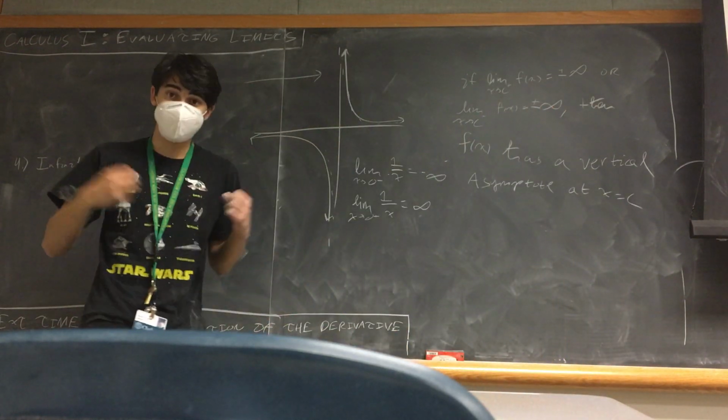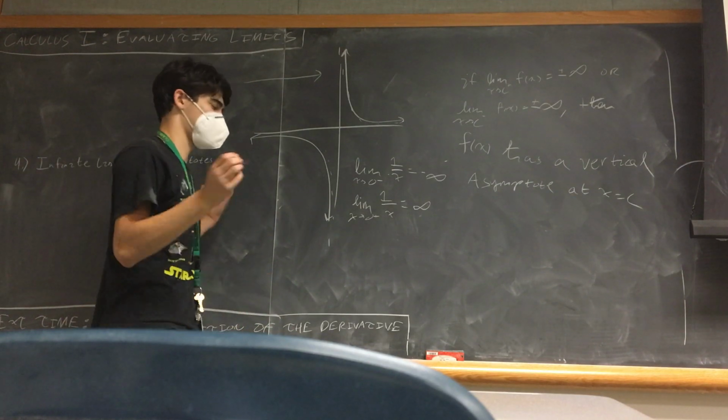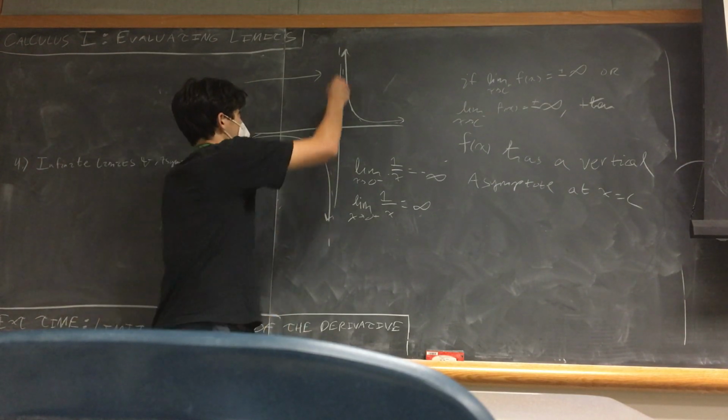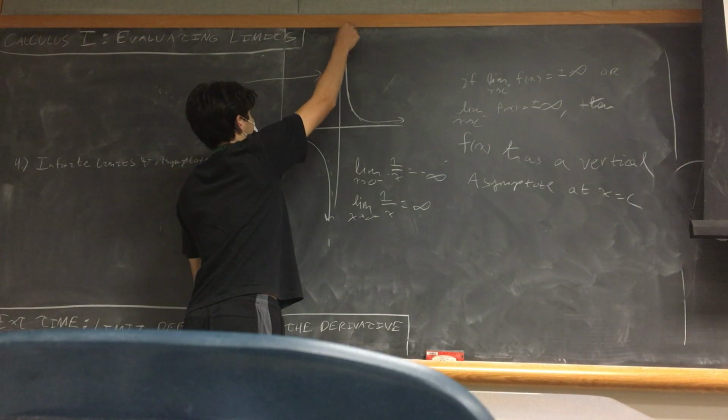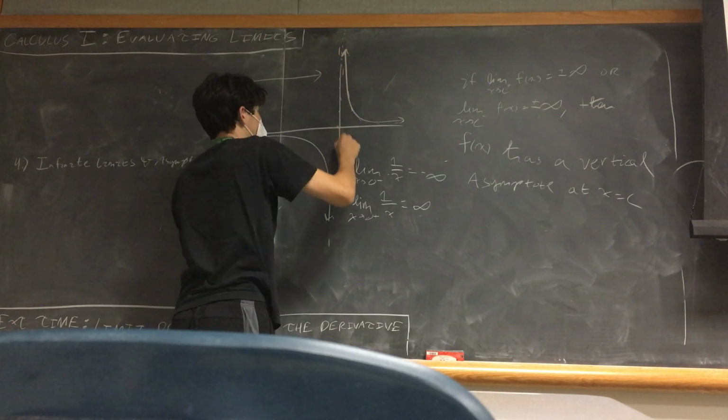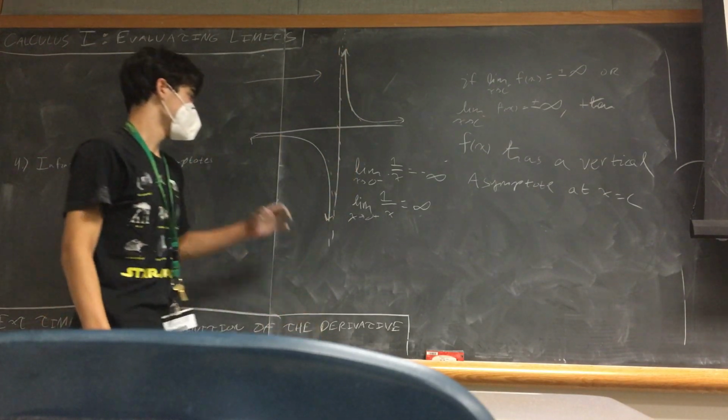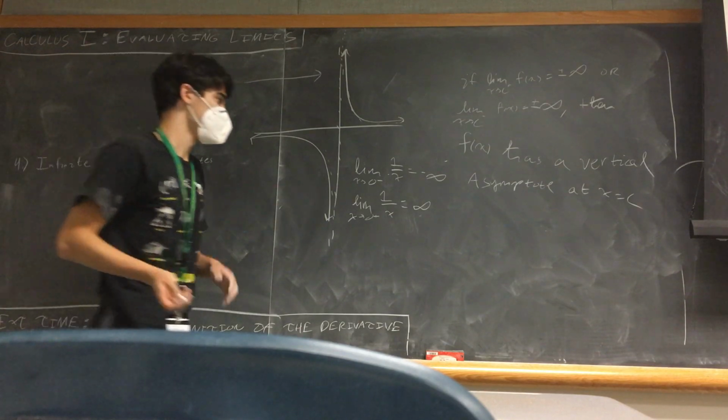So what an asymptote is, essentially, is a line that a function doesn't cross.